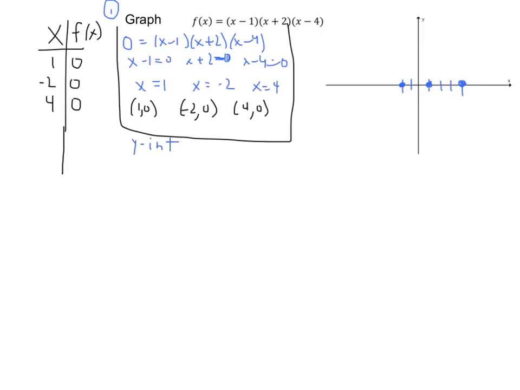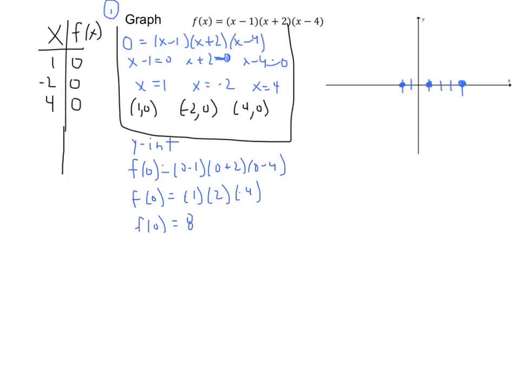So basically, we're asking, what is f of 0? Let's plug 0 into our function: 0 minus 1 times 0 plus 2 times 0 minus 4. You'll find that f of 0 is negative 1 times 2 times negative 4, so f of 0 comes out to be positive 8.